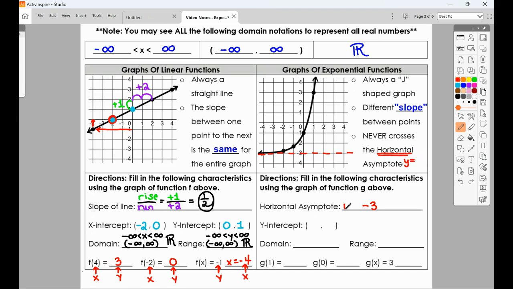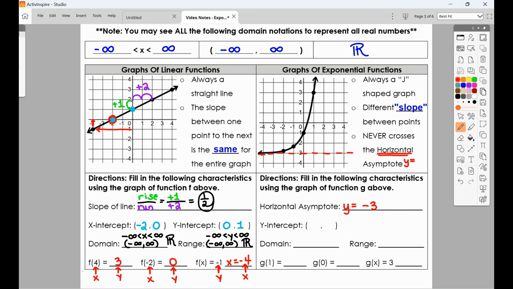When we draw a horizontal line like we have done before, we always make sure it's y equals a number passing through the y-axis at that specific value. In this case, it's going to be -3 because my graph stops and never goes below that value or doesn't even reach that value either. It will get so close but never touch it.